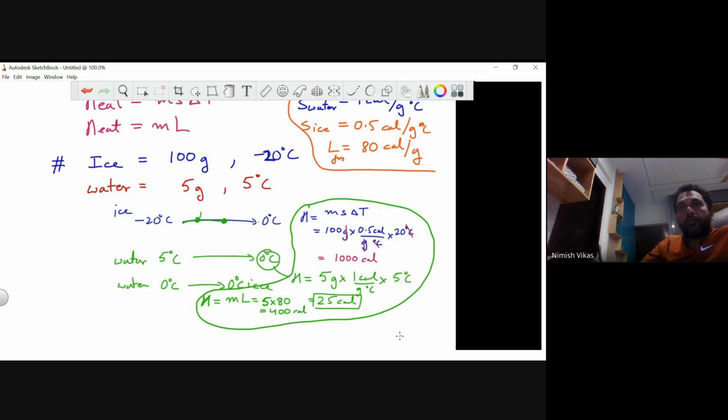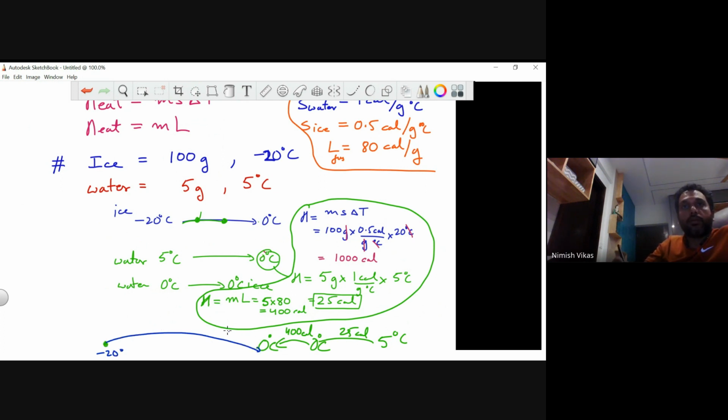Because water from 5 degrees Celsius coming to 0 degrees Celsius gives only 25 calories. After this, 0 degree water becoming 0 degree ice gives 400 calories, wherein the ice required to reach 0 from minus 20 required too much.